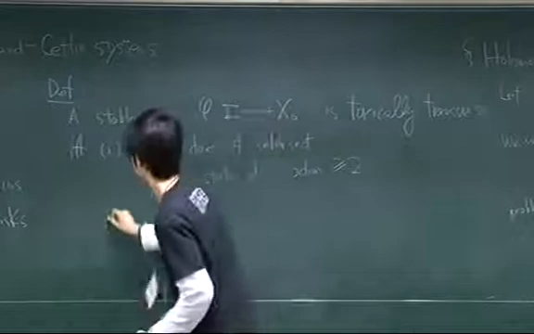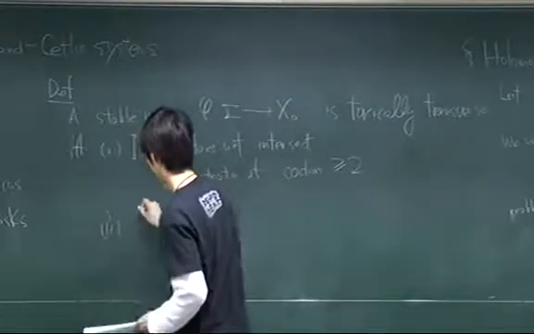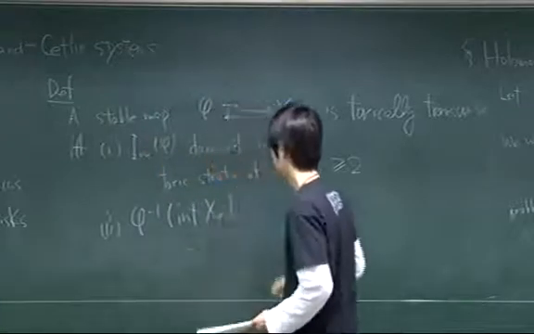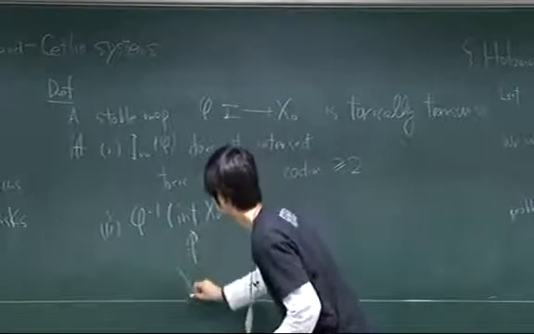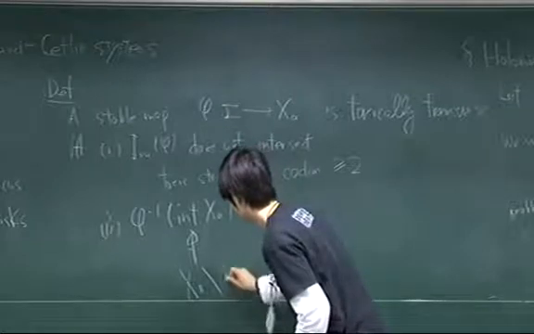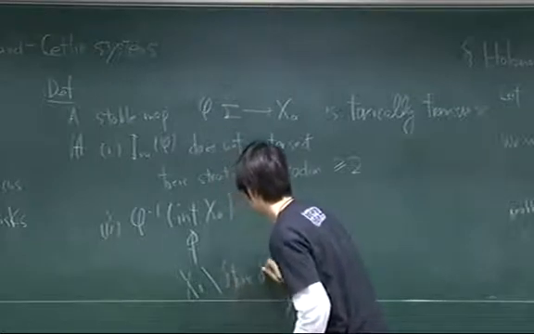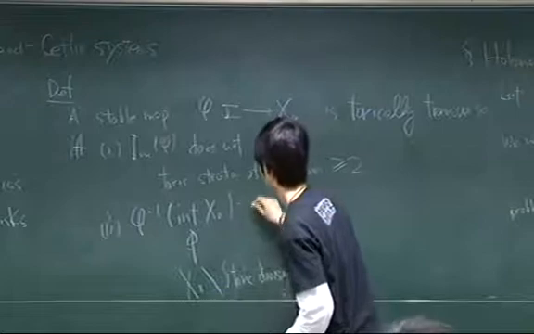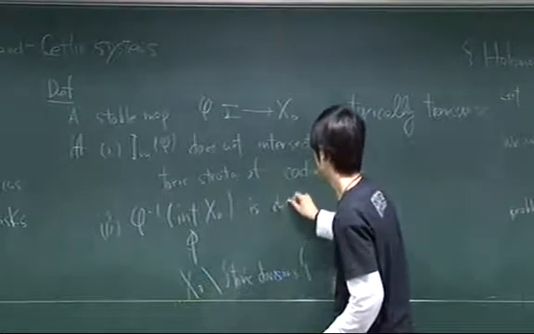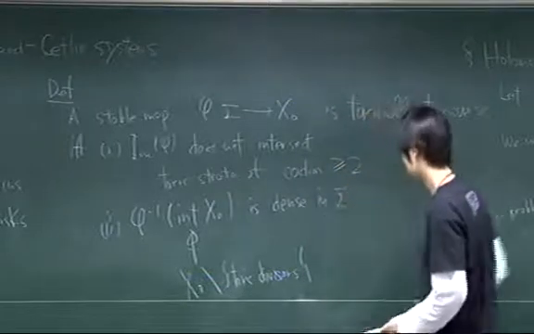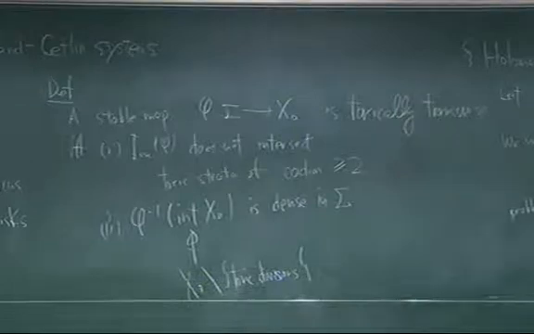And secondly, the inverse image of the interior part of X0, meaning X0 minus the toric divisors, is dense in the domain sigma. These are the conditions for toric transversality.